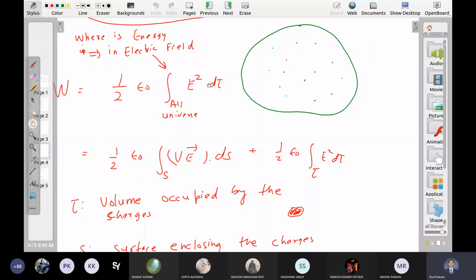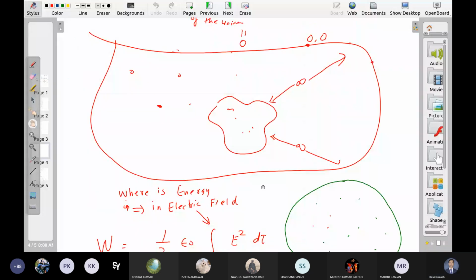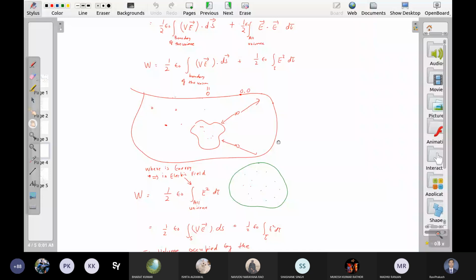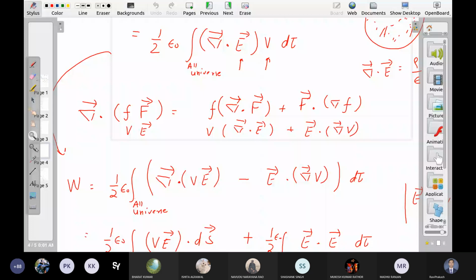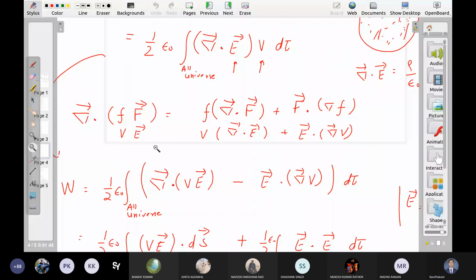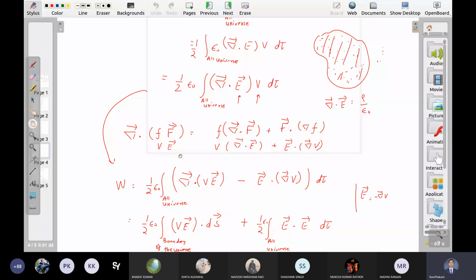Sir, I have some doubt in the step where you extend the divergence of that E. That step, one-half epsilon naught integration of divergence of E bracket and then V. In this formula, sir, the divergence is taken for the function which is inside the bracket.